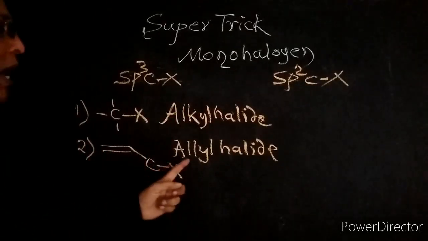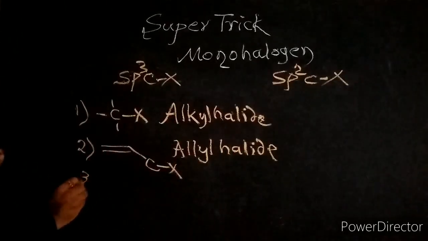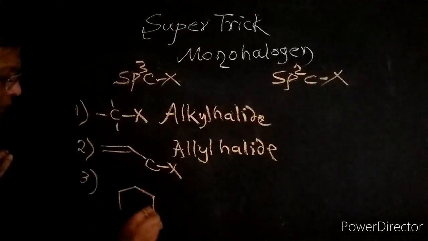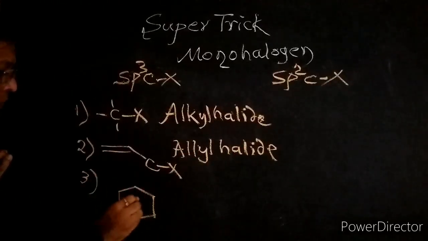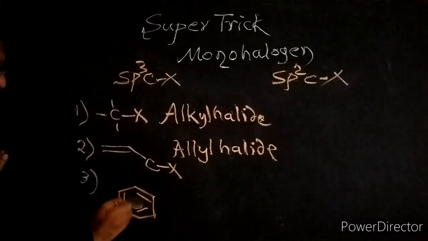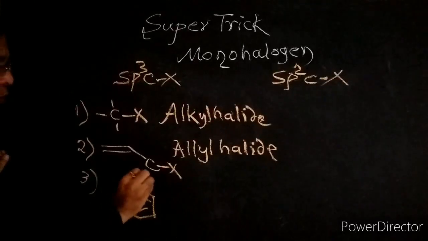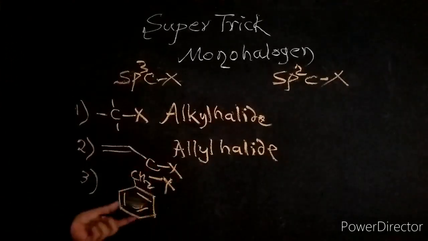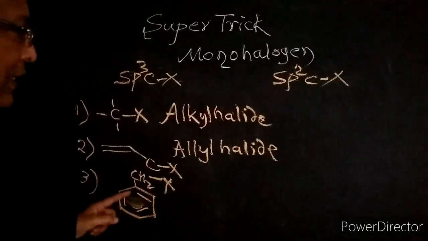This is called allyl halide. Third one is benzyl halide. When the halogen atom is attached to the carbon atom next to the benzene ring, it is called benzyl halide.